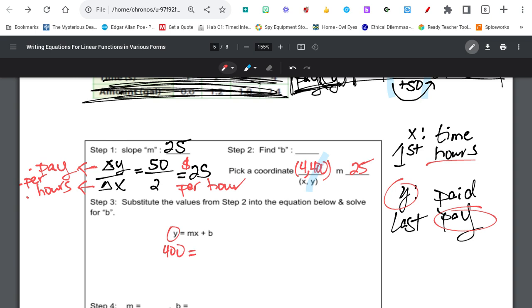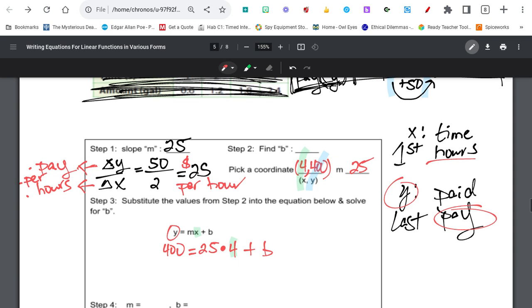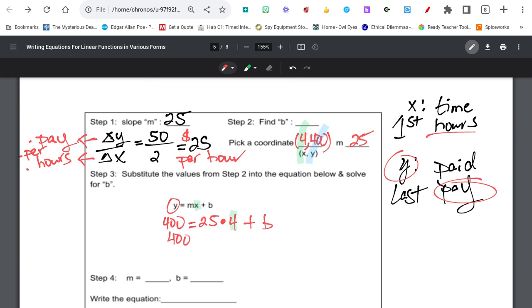Y equals M, well, M is the $25 an hour, times X. X is 4, so I put 4 right there, plus B. All right, so I have 400 equals 100 plus B.